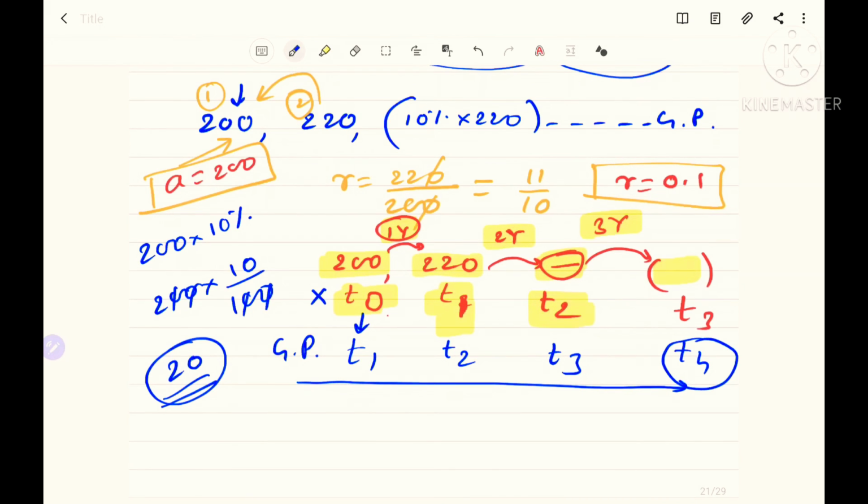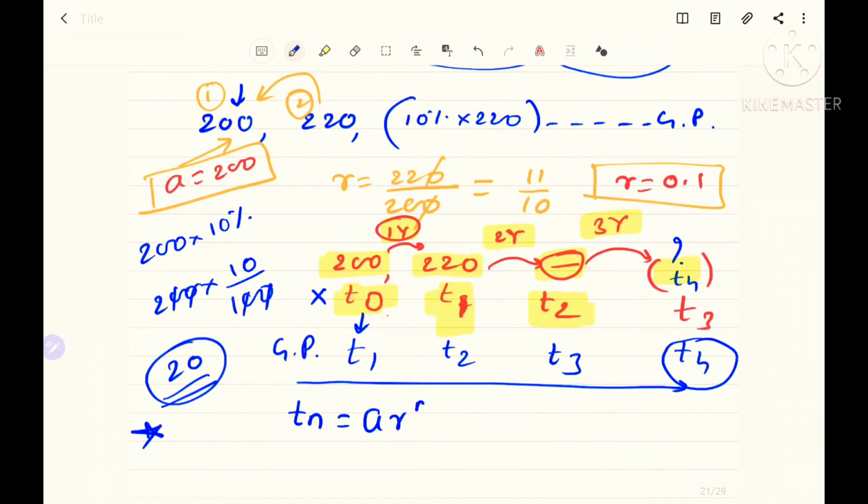Actually, if they want the number after 3 years, technically speaking, they require the fourth term of that geometric progression. There is a difference between the number of years and the number of terms in this kind of problem. I hope every one of you got this very interesting and tricky thing. And let's try to find the fourth term of the geometric progression.